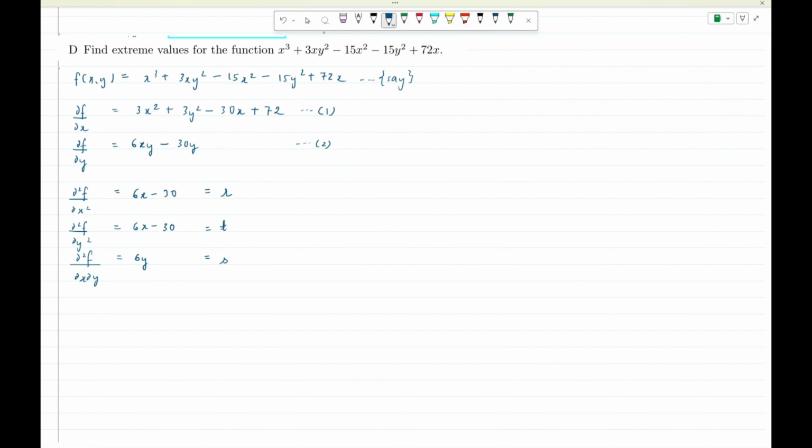Now we got to find out the stationary points for the given function. So for that we are going to use equation number 1 and 2 and set them to zeros. So let's check the stationary points.